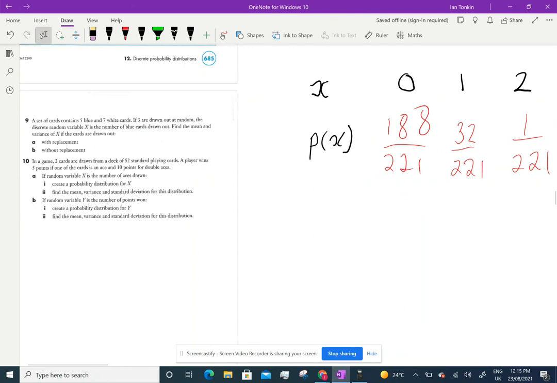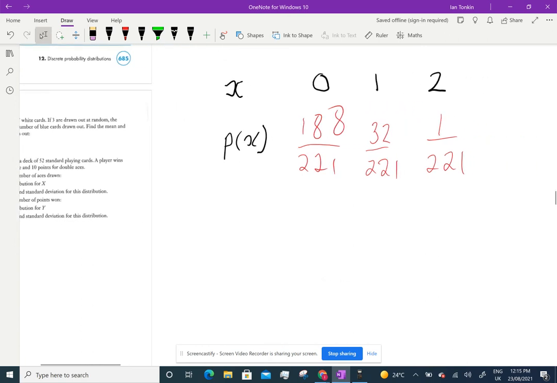So, create a probability distribution table. Done. Find the mean and variance and standard deviation. Okay, so I'm going to do this manually and then I'm going to check on my calculator.